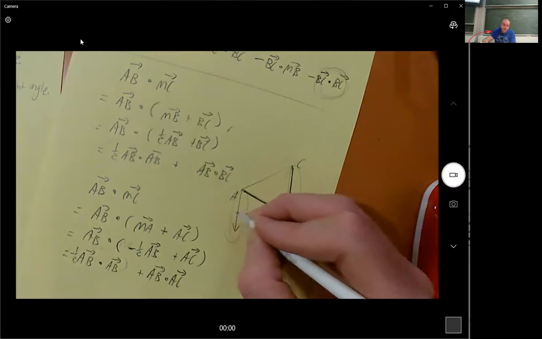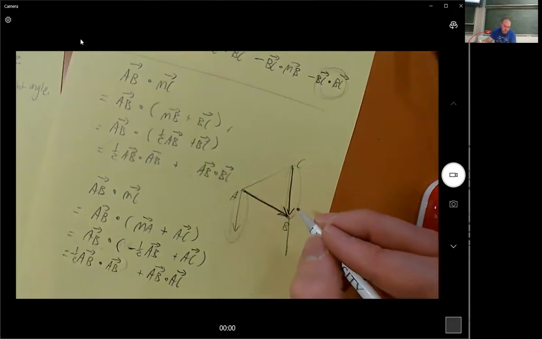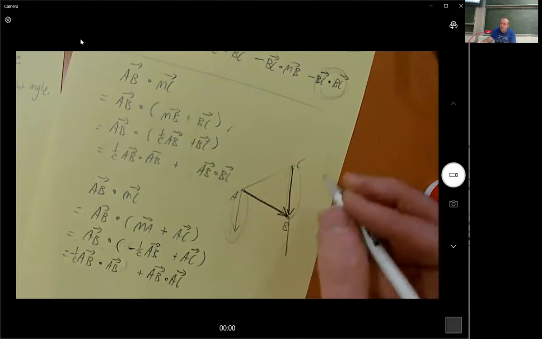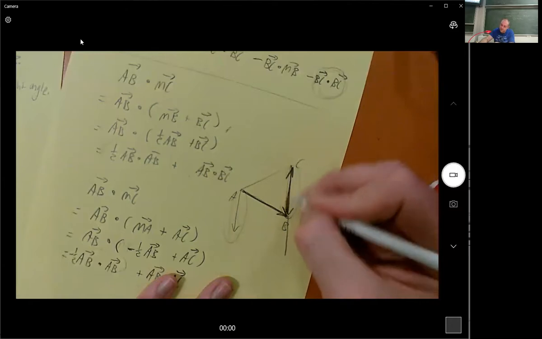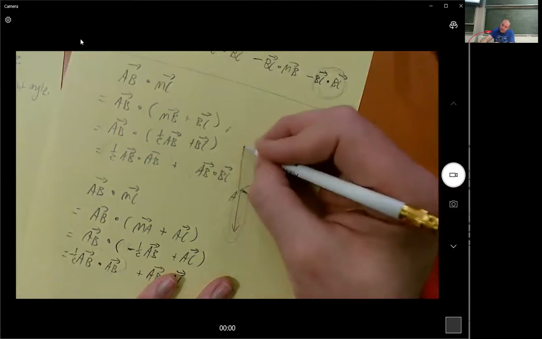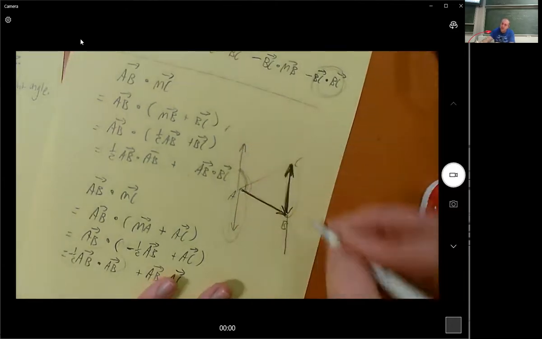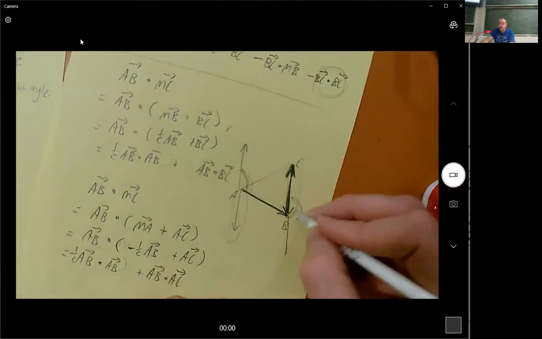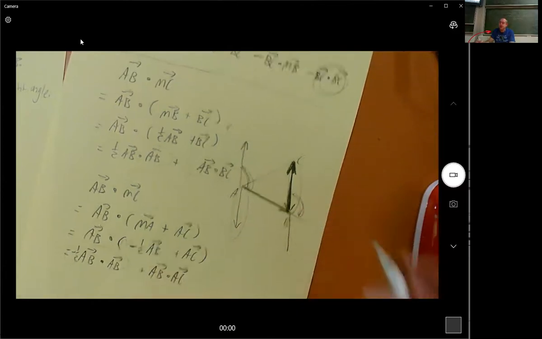Just a second. Oh, BC is this way. Damn it. Sorry, that's BC there. So when I put them head to tail, it's this angle here that I'm interested in, which is this angle here. Right. Okay. Better picture.